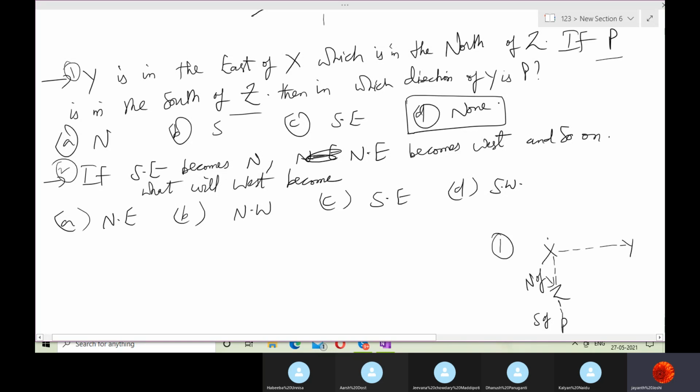So if I take this as center, and Y is in the east of X, if they are asking in which direction of Y is P, Y looking here is north, looking towards X is west, this is east, this is south, this is southwest. Correct or wrong? Southwest. But did they give a southwest option? No. So the answer is none.